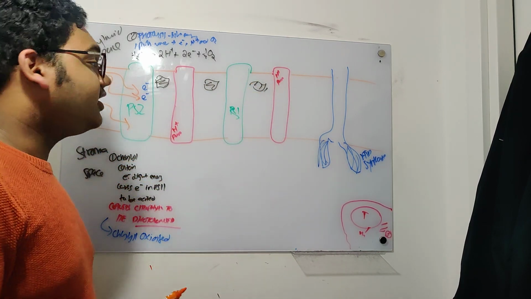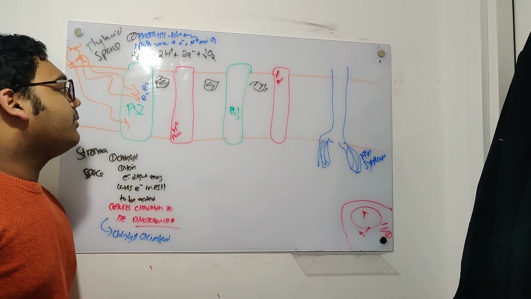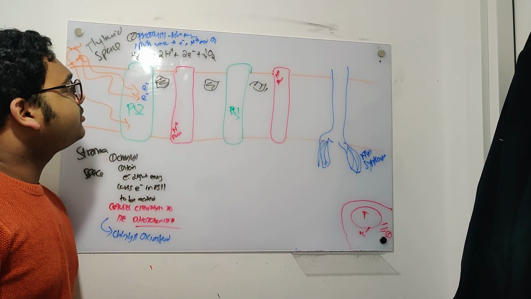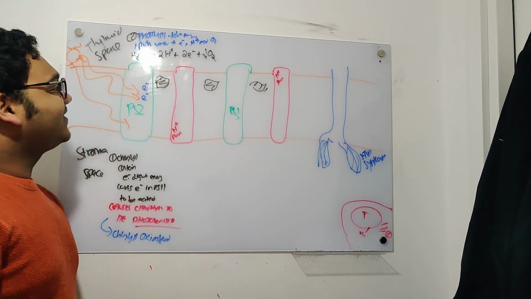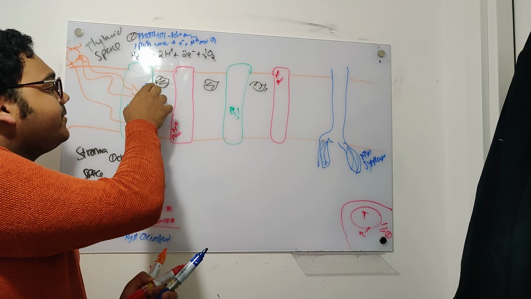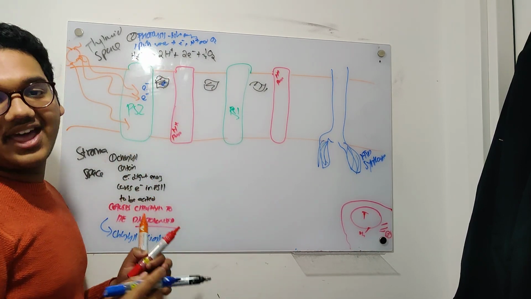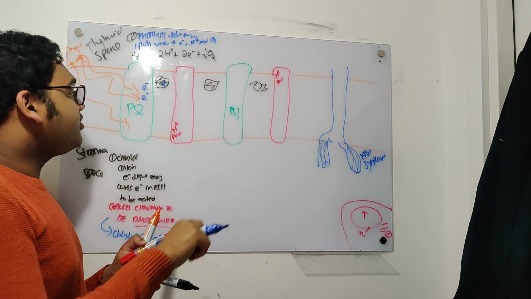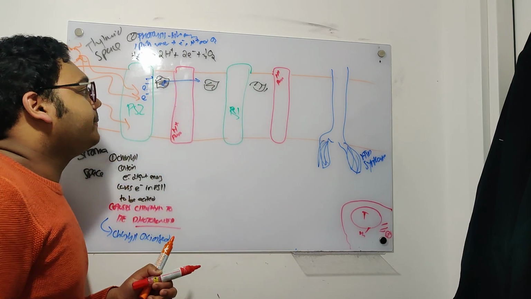Now, you don't need to know the names of these electron carriers in particular, but out of interest, one of them is called plastoquinone, which moves electrons from one place to another, because that's the definition of an electron carrier. So that electron carrier is going to bind to that electron, and it's going to move the electron from here through the H plus pump.